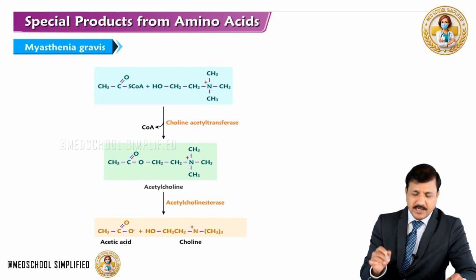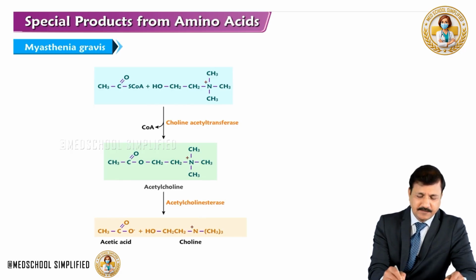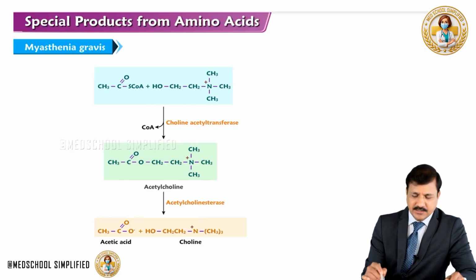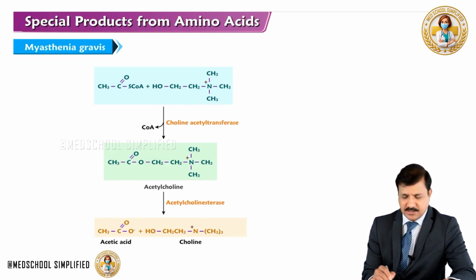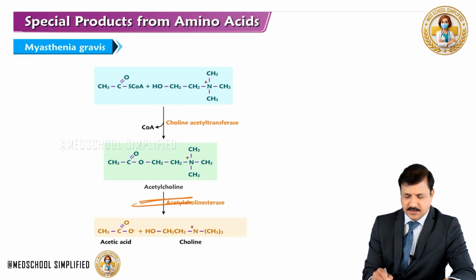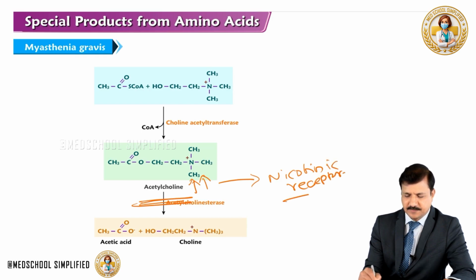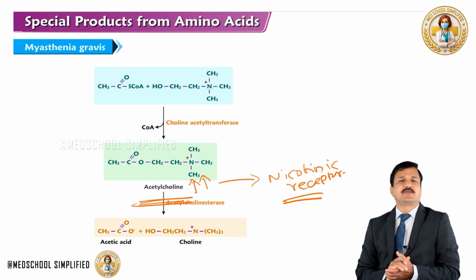So in myasthenia gravis, when we block the acetylcholinesterase enzyme using inhibitors, there is an increase in acetylcholine, and that acetylcholine can bind to the nicotinic receptor and improve muscle function. That's what I was saying in the previous slide.